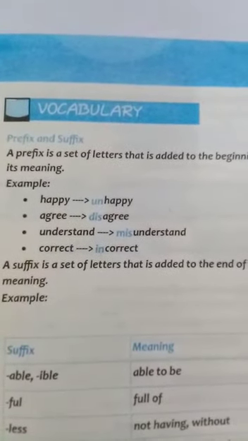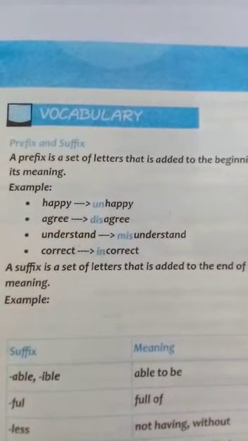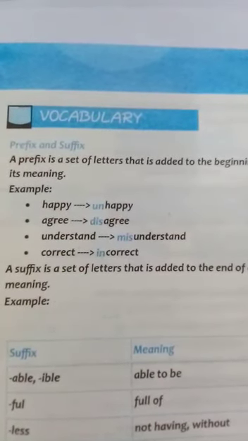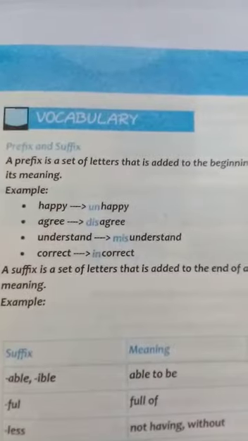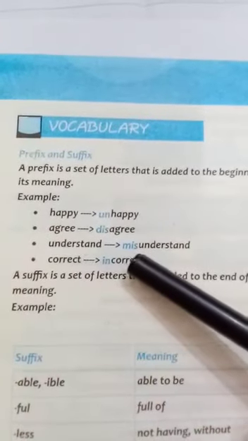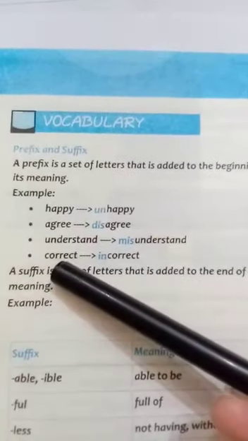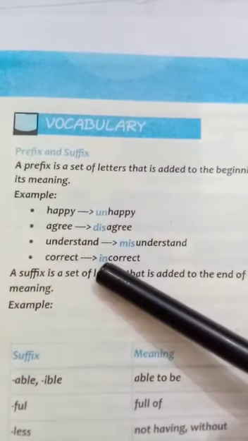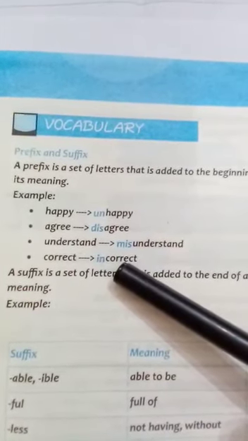Similarly, agree is a word. Dis is a prefix and disagree is a new word which has a different meaning. Understand and misunderstand. Understand is a word, mis is a prefix and misunderstand is a new word. Correct is a word, in is a prefix and incorrect is a different, new word.